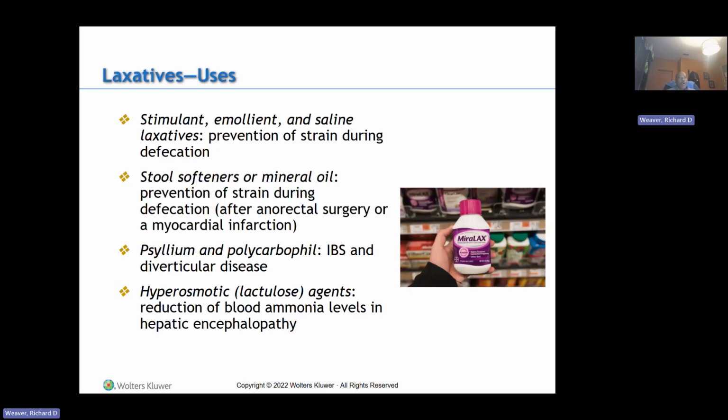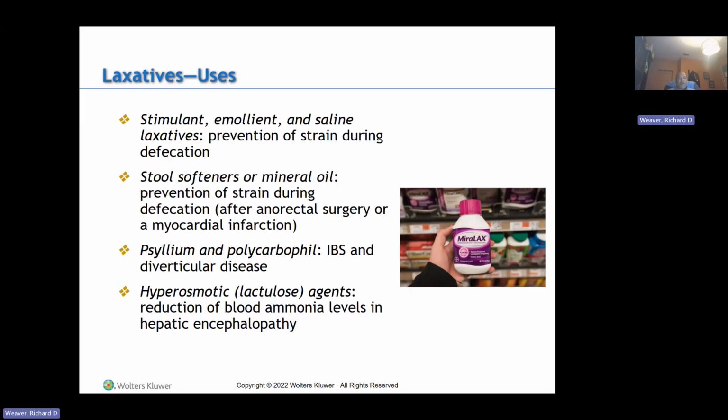Stool softeners or mineral oil are given for prevention of strain during defecation, especially after anal rectal surgery or a myocardial infarction. In terms of anal rectal surgery, like hemorrhoid surgery, you don't want someone to be constipated after hemorrhoidal surgery because it would be extremely painful.